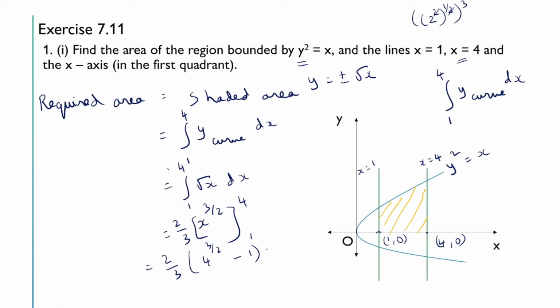So this is equal to 2 by 3 into 2 cube is 8, 8 minus 1 is 7. So required area is equal to 14 by 3 square units. So this is the required area.